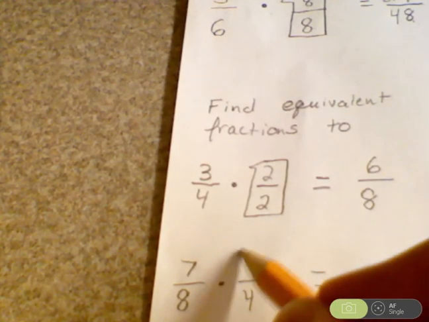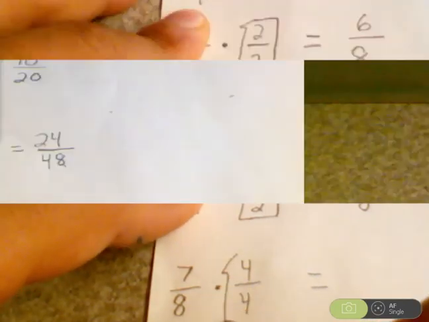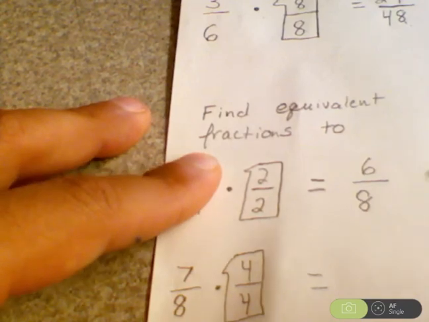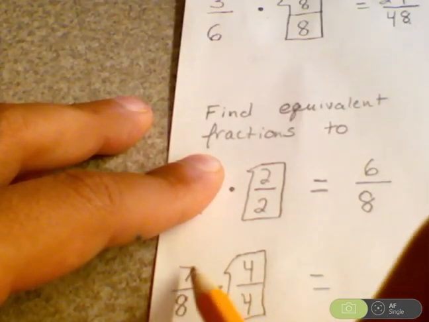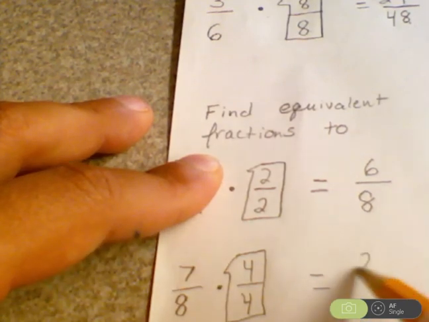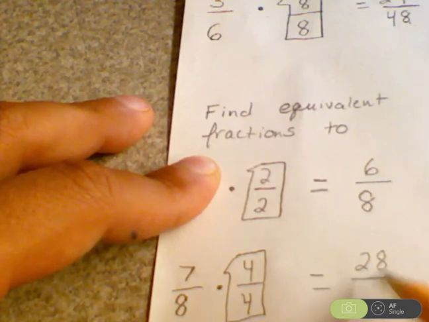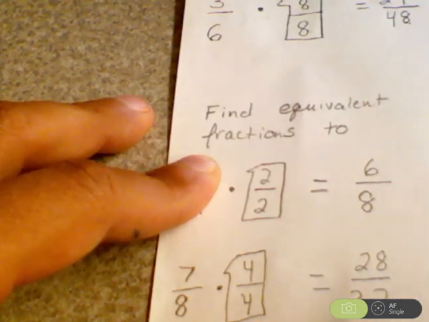And again, I'm going to put my 1 right around my 4 divided by 4. And forgive me if my 1 doesn't look very good. And now I'm just going to multiply across here. 7 times 4 is 28. 8 times 4 is 32. 7/8 and 28 over 32 is the same.